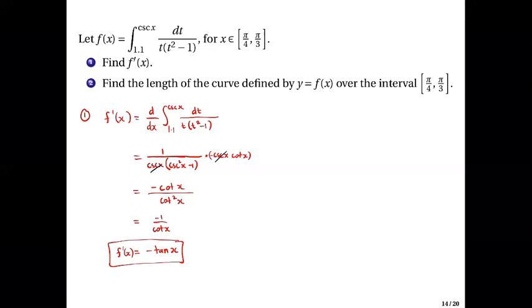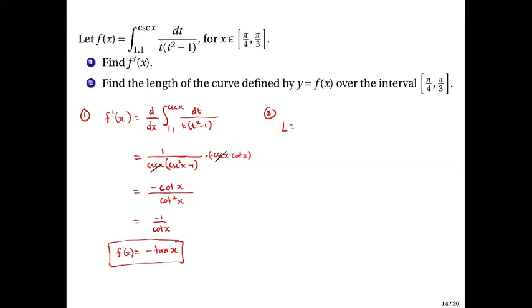For number 2, look at this interval, pi over 4, comma pi over 3. So the interval was chosen so that you can apply the formula for the arc length. Okay? So anyway, let's just directly apply the formula for arc length.